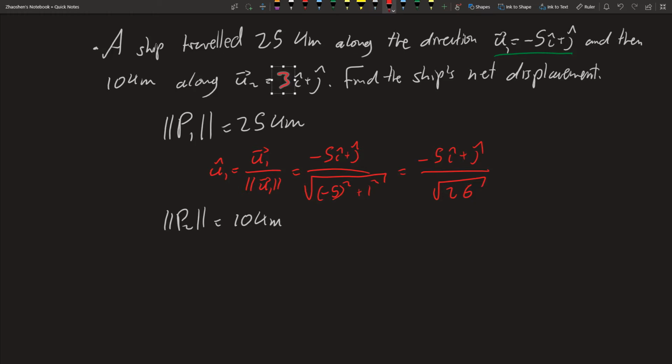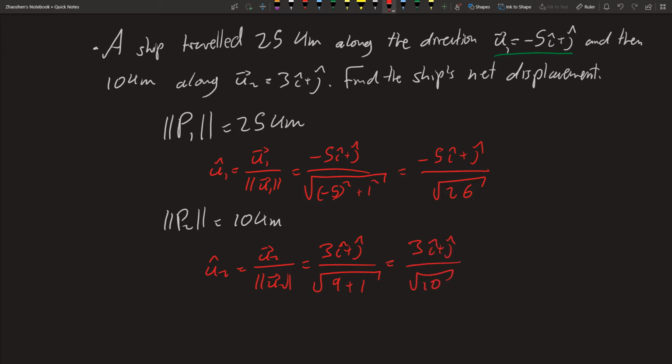Let's find u hat 2. u hat 2 is equal to u2 over the magnitude of u2, which is 3i plus j over the magnitude, which is the square root of 3 squared, 9, plus 1 squared, 1, which is equal to 3i plus j over radical 10. Now, notice something. I wrote the units for distance, but no units for the unit vector. I'll show you why later.